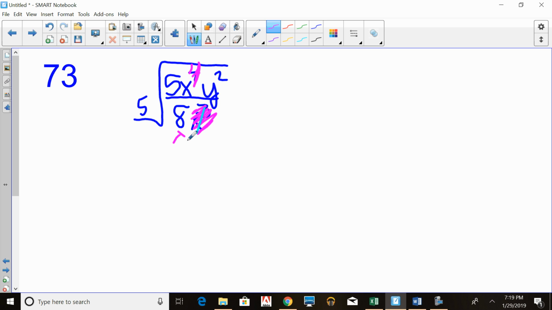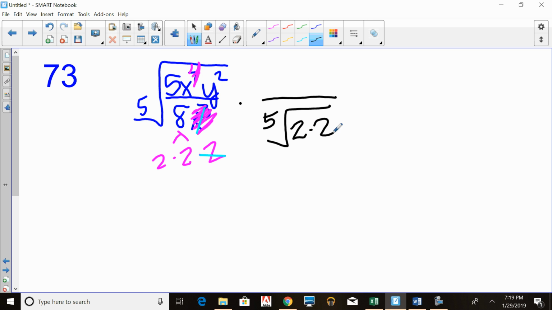And 8 is the same as 2 times 2 times 2. Now, that's 3 2's. We have fifth root. So therefore, we are going to have to multiply by the fifth root of 2 more 2's, because we need 5 2's total. And 2 more 2's on the top.